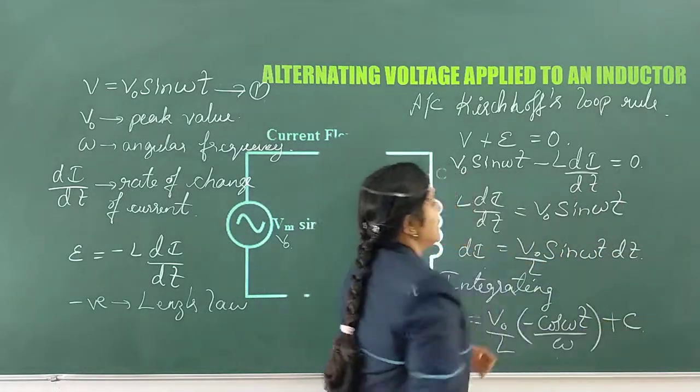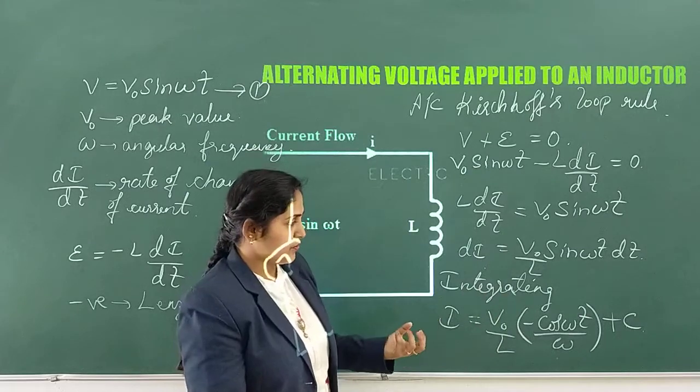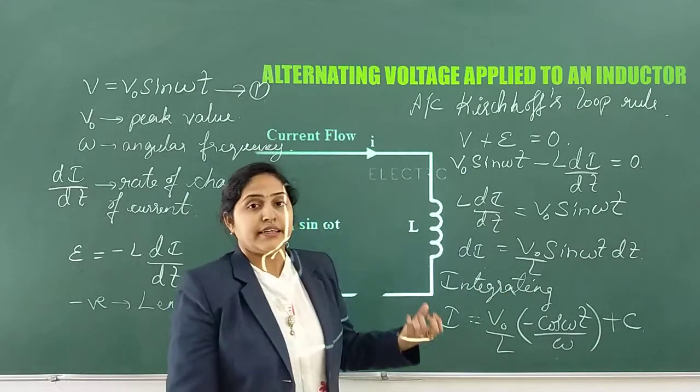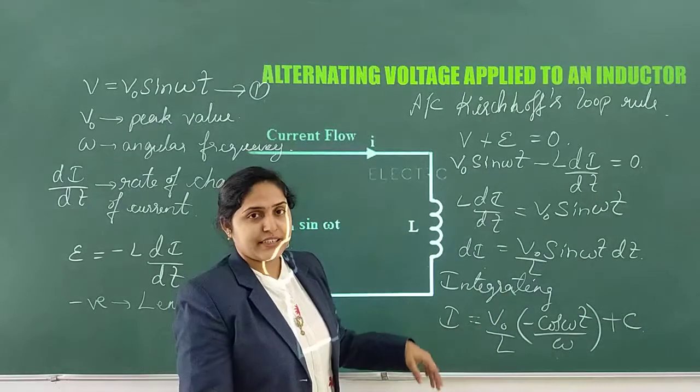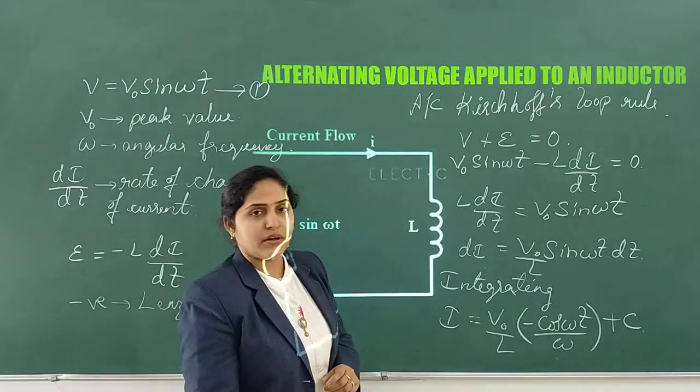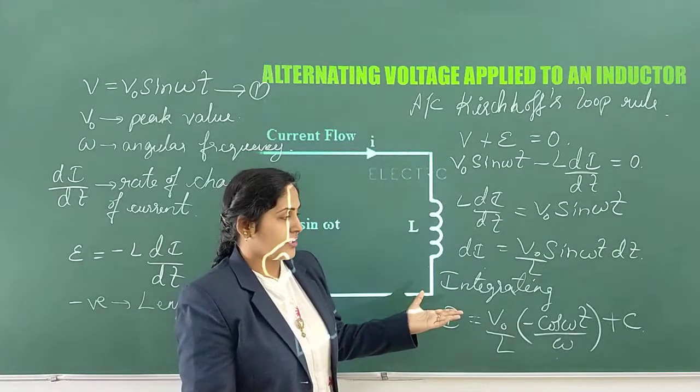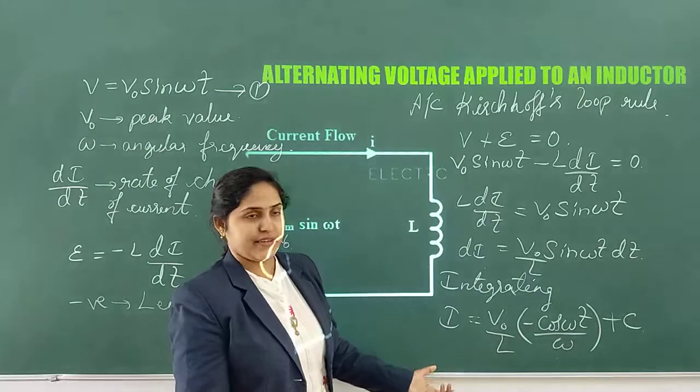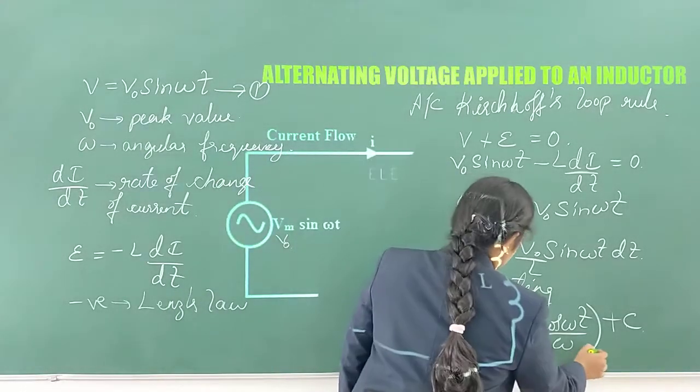Always we put one constant in the case of an indefinite integral. This is an indefinite integral, so we have one constant there, that is the integration constant c. Now this is the equation.